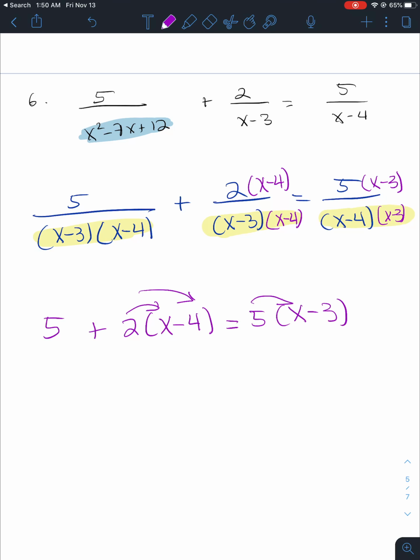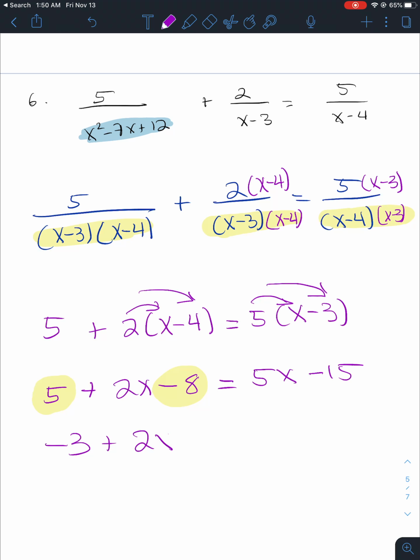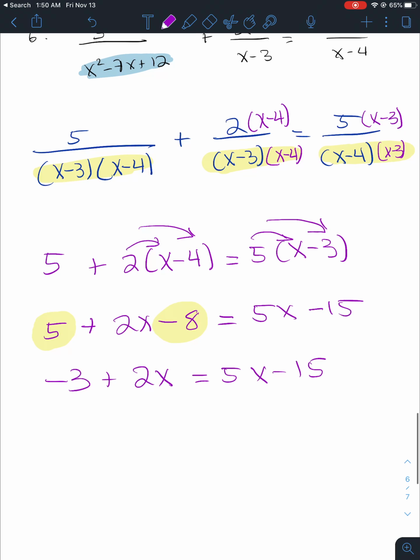I can distribute, and get 5 plus 2x minus 8 equals 5x minus 15. Combine like terms. 5 minus 8 is negative 3. And look at this. I am ending up with a nice linear function.